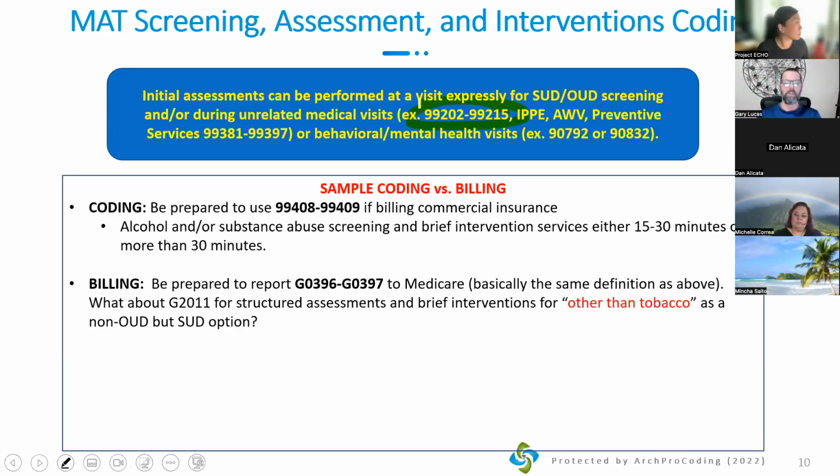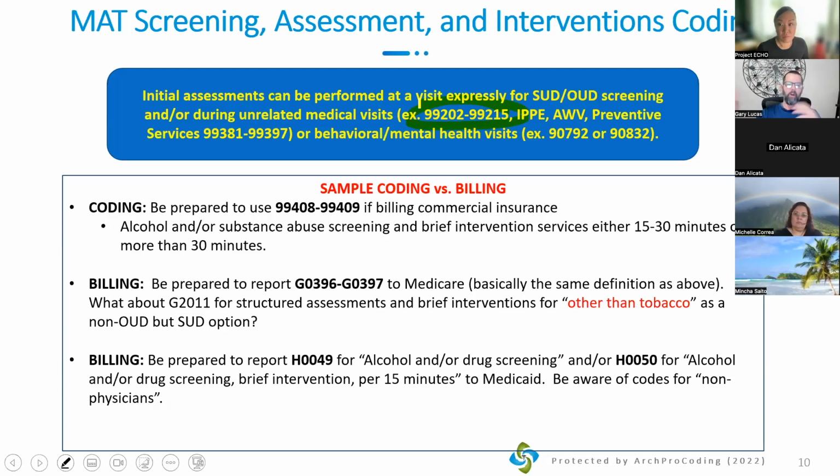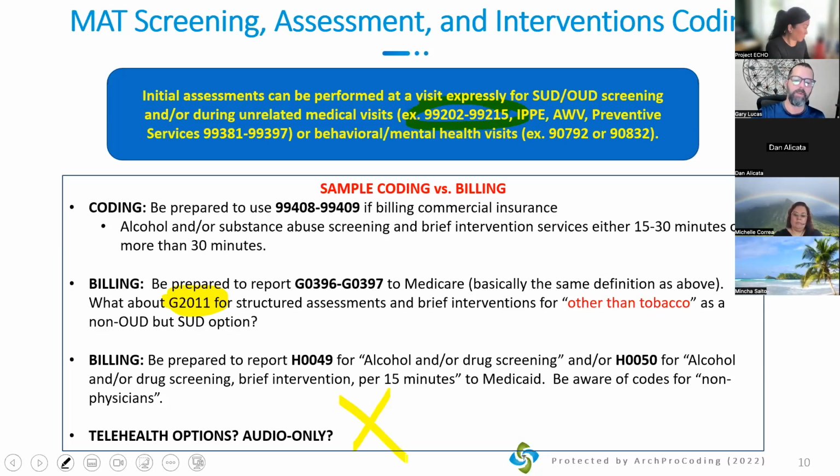So I've listed those codes in blue, giving you an alternate way of looking at these codes, the 99 codes, the G codes, heck, even a G2011, which is identifying itself the same way as the codes we looked at on the previous slides, but now they mention other than tobacco. So do not expect to see a lot of consistency in how different carriers want these codes. Same idea there with telehealth. We should expect to see some varying policies.